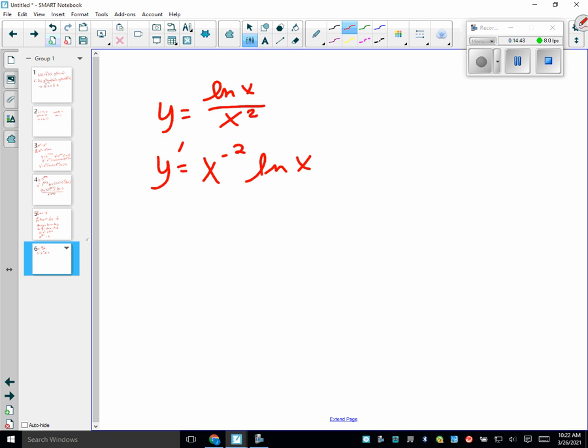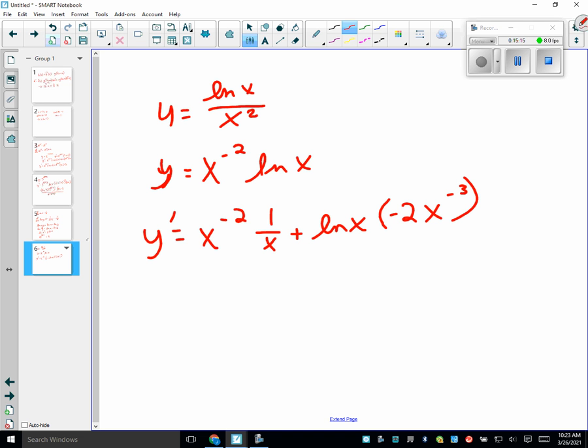So, this is not y prime though. This is just y. So what is y prime? The first times the derivative of the second, 1 over x, plus the second times the derivative of the first, negative 2.